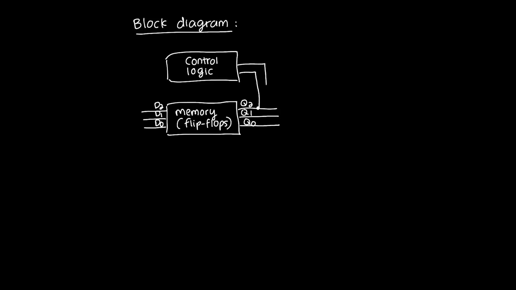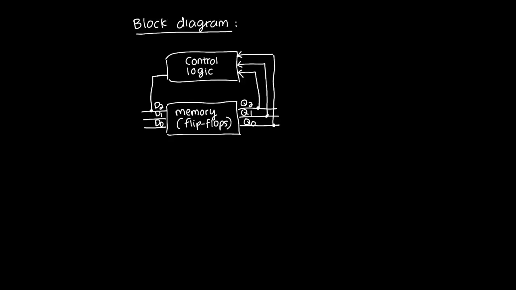But separately, taking the present state Q2, Q1, and Q0, I'm inputting it into that control logic, all those gates that I had from earlier.